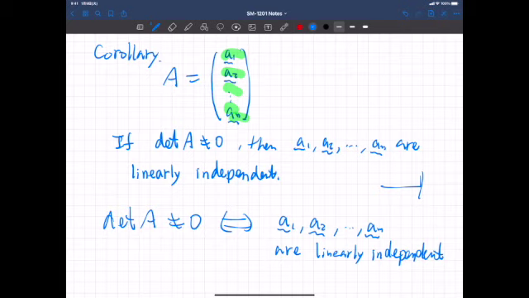So this property is exploited when we want to solve the system of linear equations, for example.